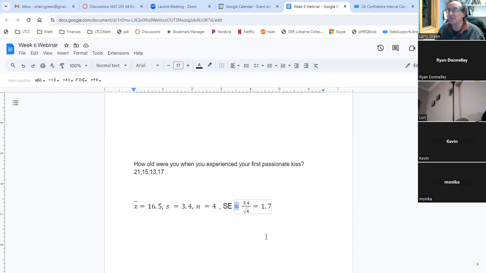Does that make sense? It turns out that if you have a large sample size, then that error that you have because you're using S instead of sigma is much smaller, but it's not zero.